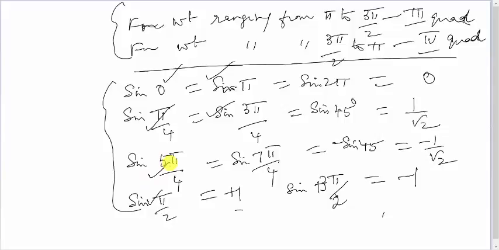And then after 5 pi by 4 it will be 3 pi by 2, which we have already done. And then the next will be 7 pi by 4 and then 2 pi. So we have got all the entries made and we have got the values as far as the sine values are concerned. Next will be how does I vary as a function of omega t.